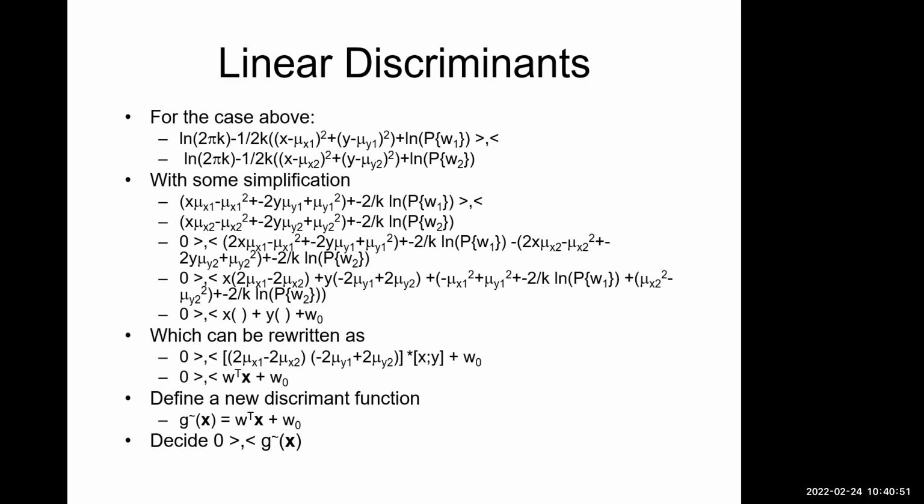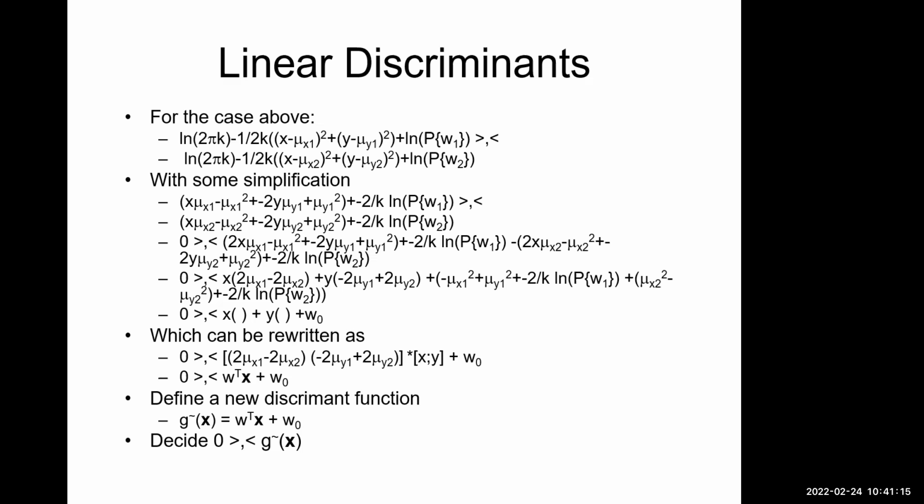Y'all did homework number 3, where you were looking at things in 2 dimensions. You can see that decision boundary. It can be any conic section, including linear. It's linear when we have equal covariance matrices, because then the x squared, y squared terms drop out.